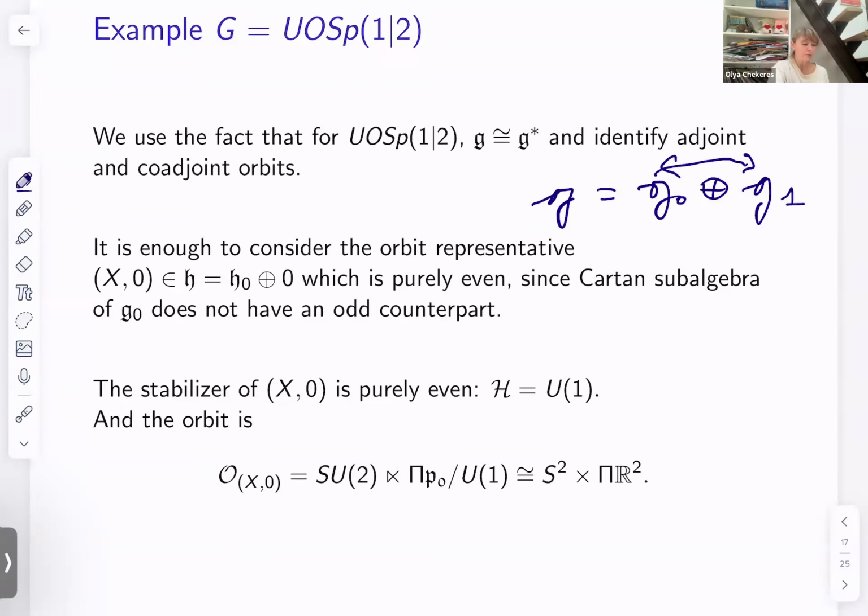So we cannot always do the straightforward identification, but we took this example of UOSP because in this case the identification works.